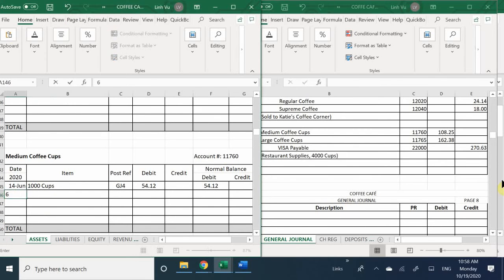Day 19. I'm going to write 2,000 cups. General journal number 7. So we reach the end of 7. And how much am I going to be increasing my amount by? By 100.